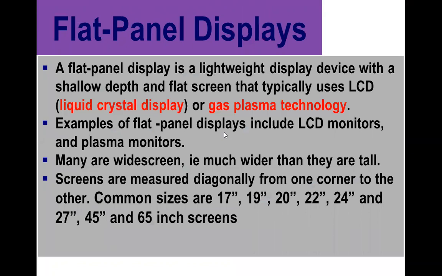Many are wide screens, so they are much wider than their height. When you look at them, their width is wider than their height. That's why they are called flat screens. And screens are measured diagonally from one corner to the other corner. For example, are you seeing the pointer?